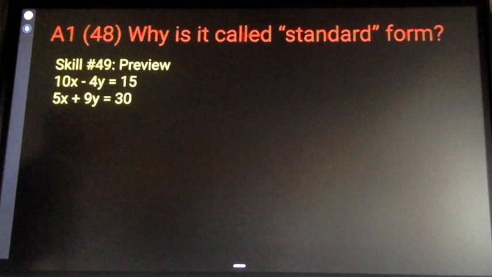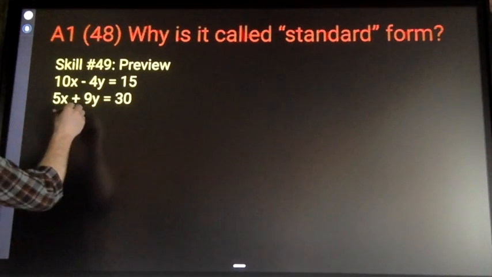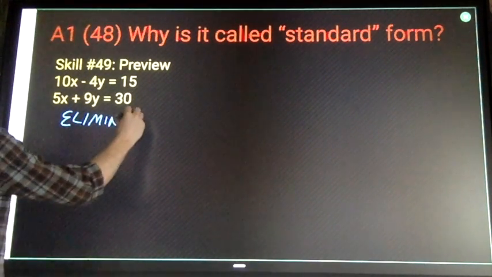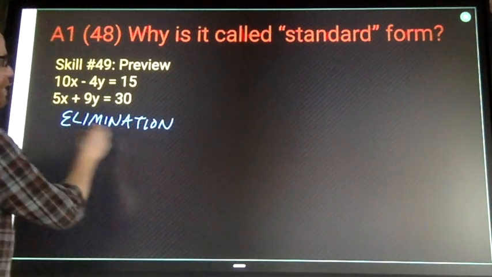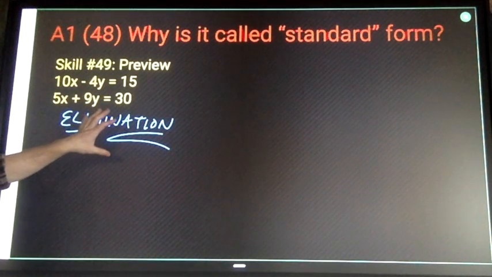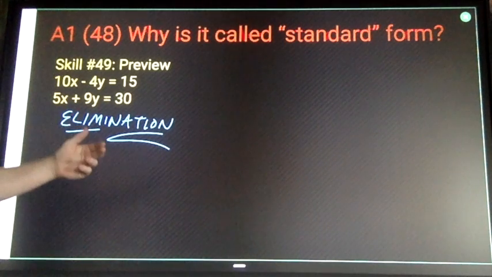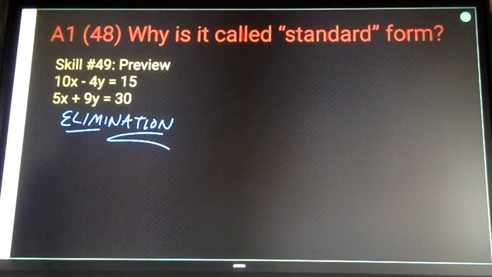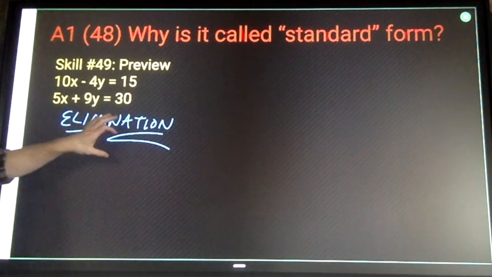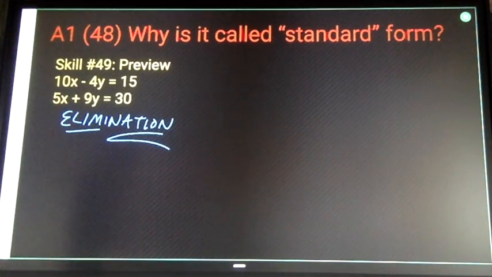Standard form is going to be the easiest way to set up equations if you want to solve a system using what's called elimination. Now, you haven't dealt with that yet, so I won't deal with it here. You'll see more of it next video, but if you want to solve a system using elimination, standard form is the easiest way to set up your equations.